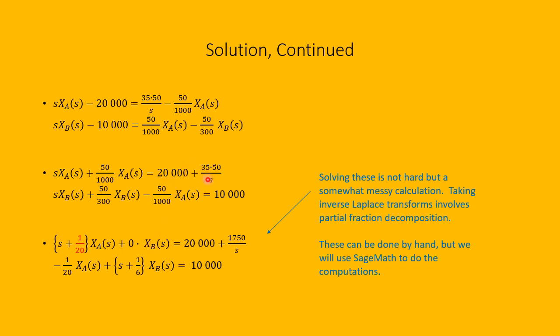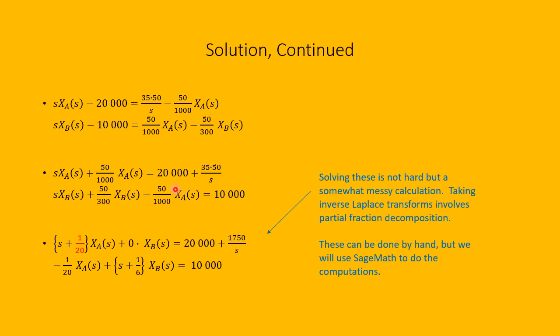Then looking at the right-hand side, 20,000, that doesn't need simplification. 35 times 50 over S, that turns out to be 1750 over S. Now, let's move to the second equation.